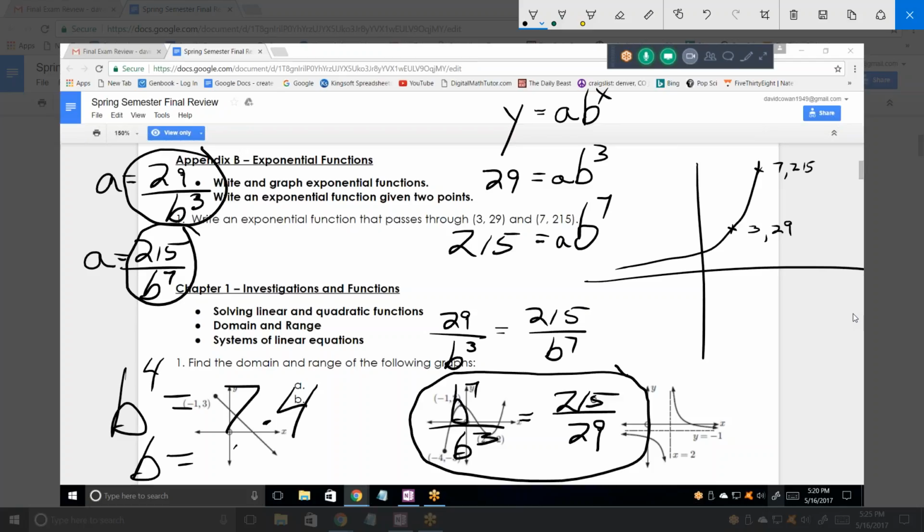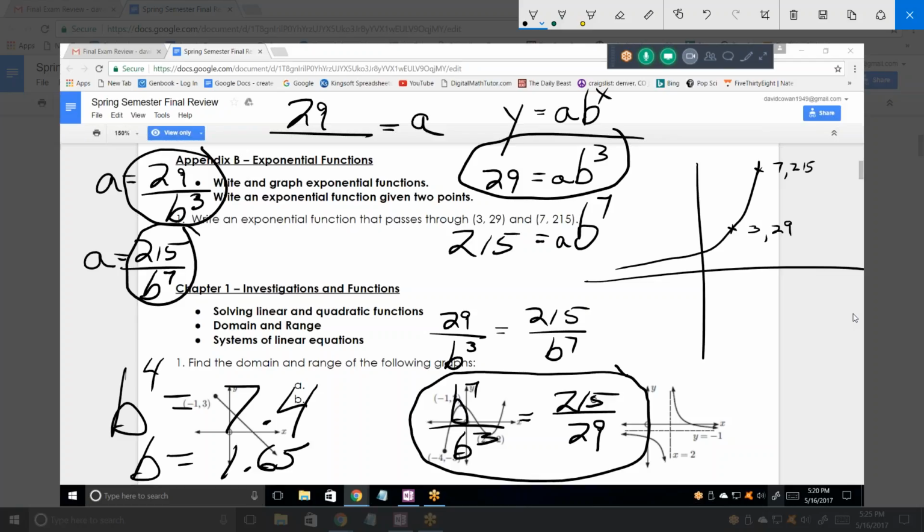So b equals 1.65. And now I go up to my simplest equation. So I got 29 divided by b cubed is what is equal to a.